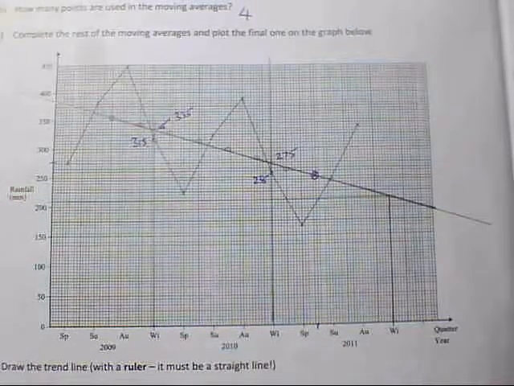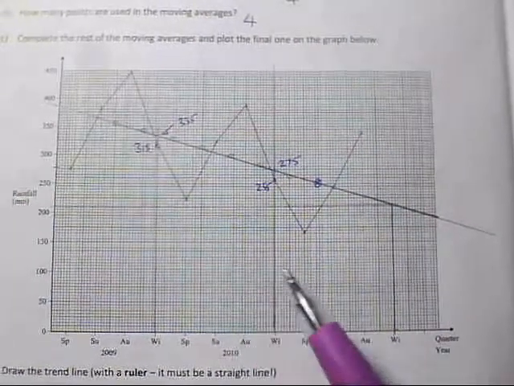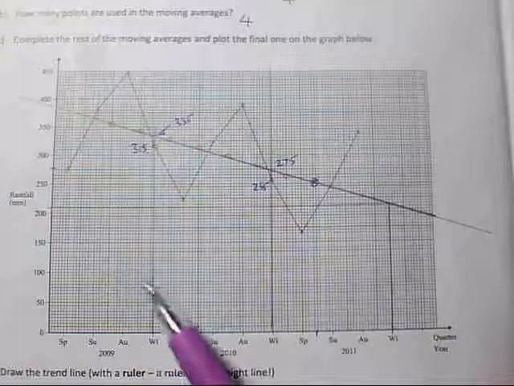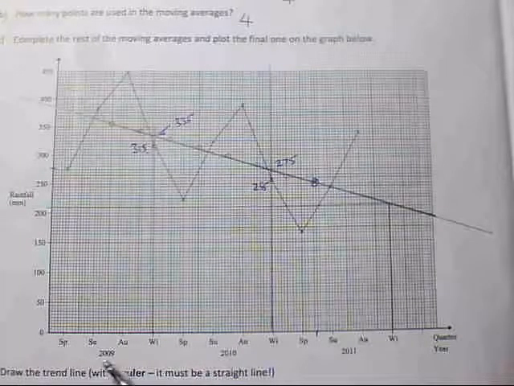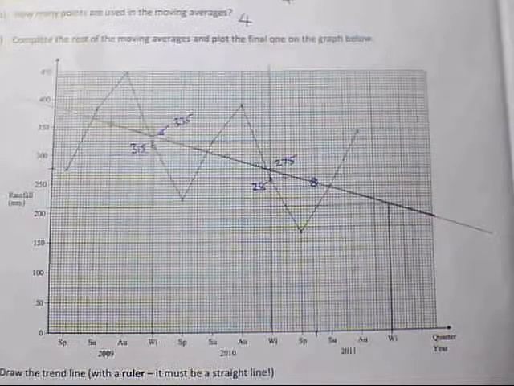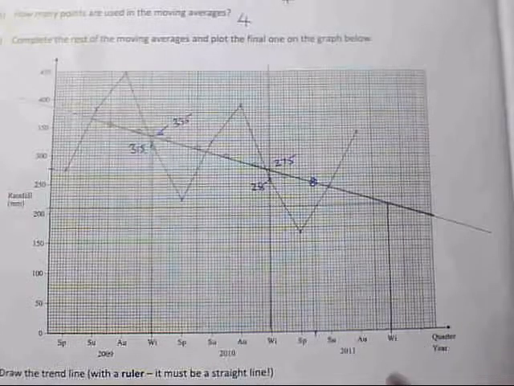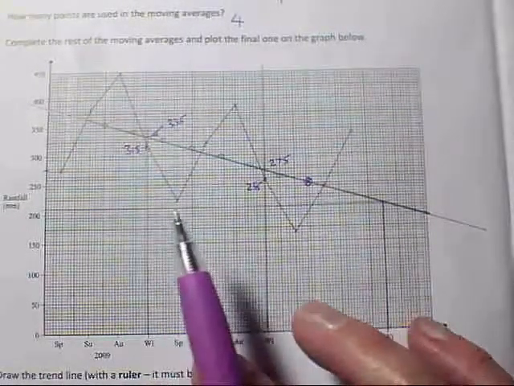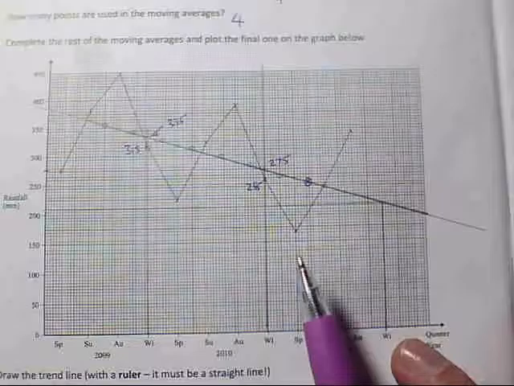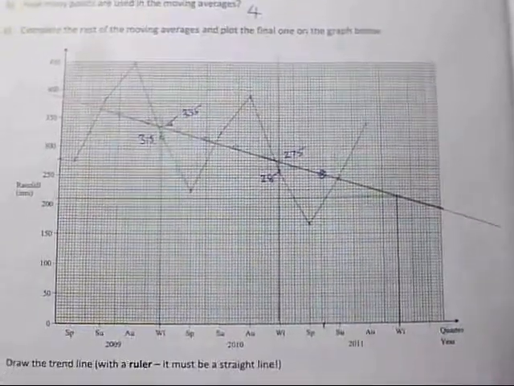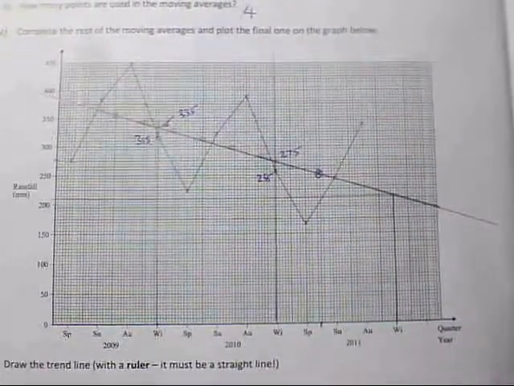Okay. And the other thing is this line is only from data based on just 2.5 years. Now that is no kind of way to get any evidence that the trend we're looking at here is necessarily a long-term trend.